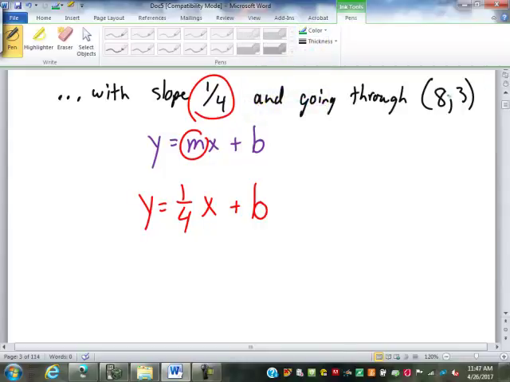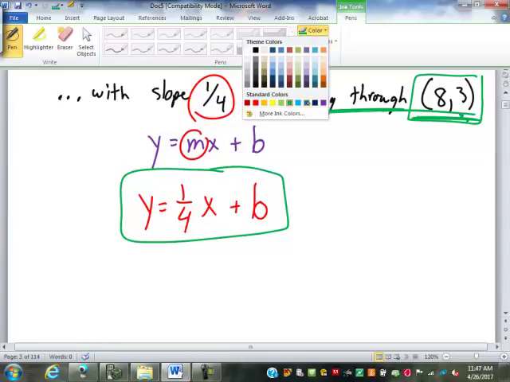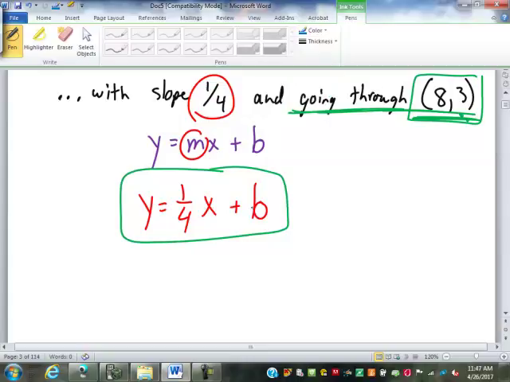We need to know b. And to find b, we can use this point that the line goes through. If the line goes through that point, it must make this equation true. So we put those values in for x and y, and b has to make that equation true. So the point 8, 3.